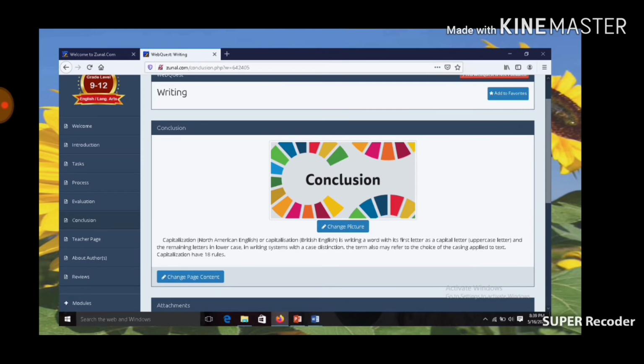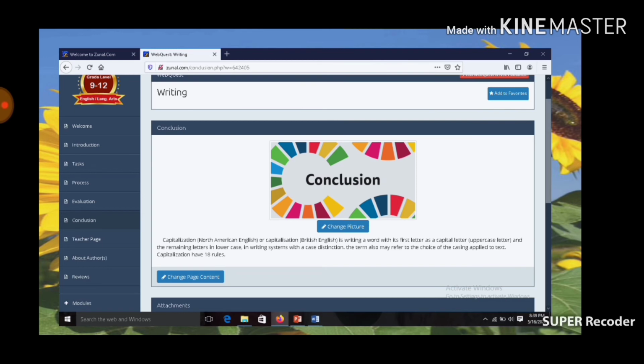And the last is conclusion. Conclusion sums up the activity and encourages students to reflect on the process and result.